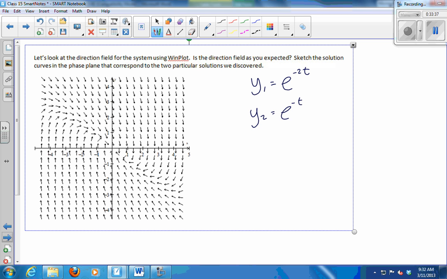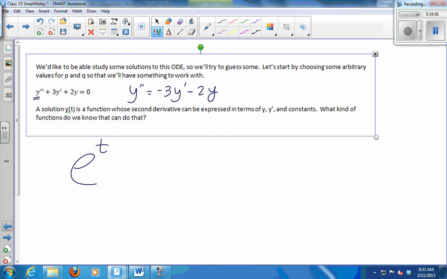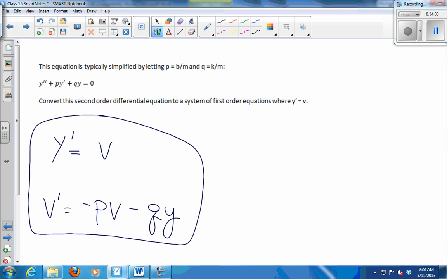To get the initial condition, plug in 0. y1 of 0 is e to the 0, which is 1. And y2 of 0 is e to the 0, which is also 1. This is my system where y prime was v.